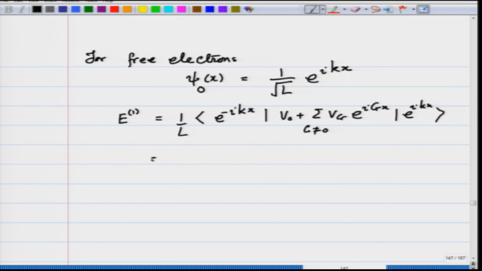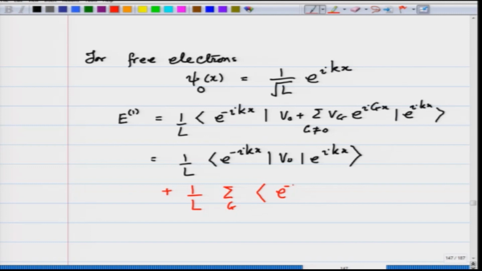This I can write as 1 over L e raised to minus i k x V 0 e raised to i k x, that is the first term, plus the second term, 1 over L summation over G of e raised to minus i k x V G e raised to i G x e raised to i k x, this expectation value.